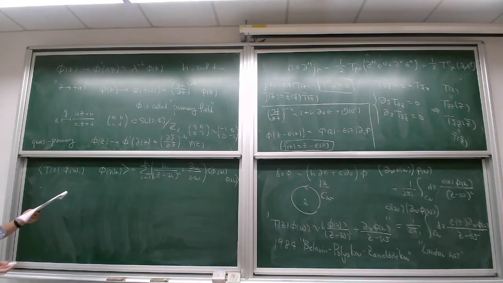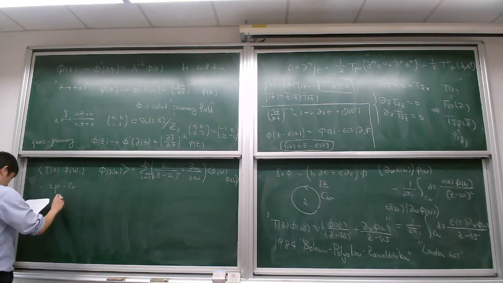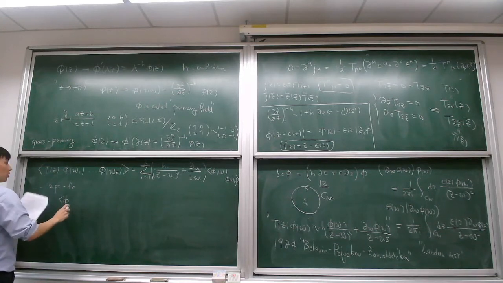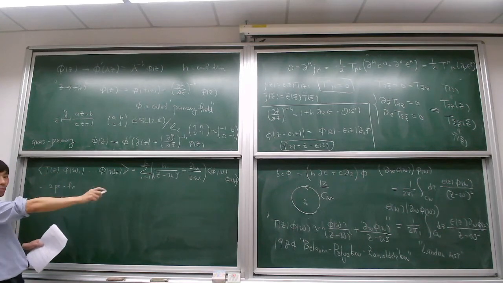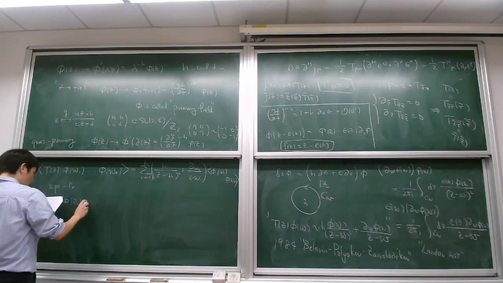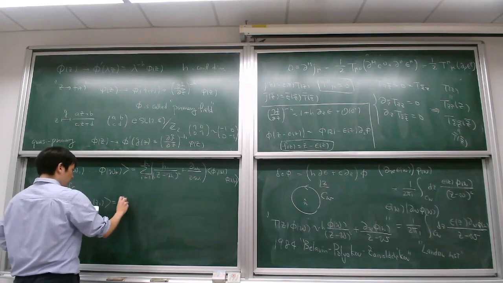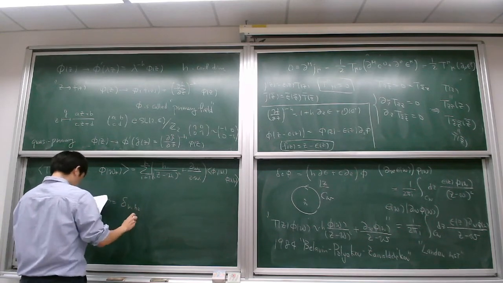The conformal symmetry is so powerful that the 2-point function can be determined for primary fields. So now we assume all phi are primary.